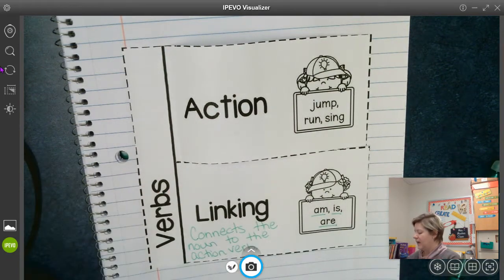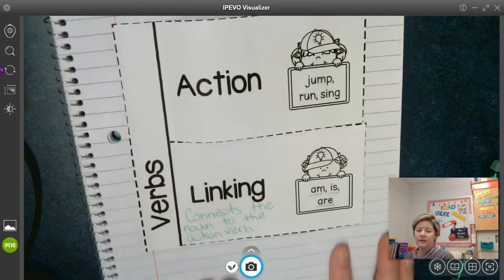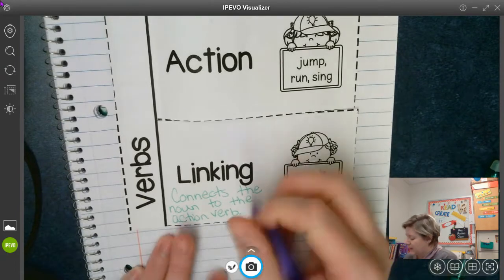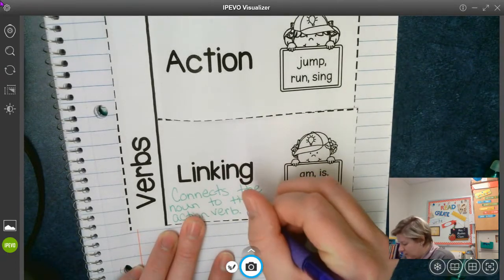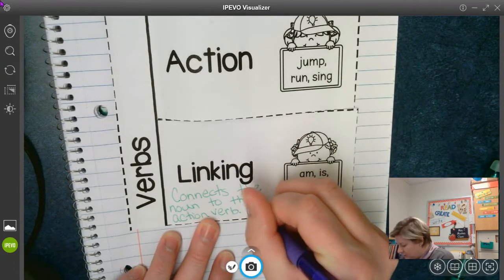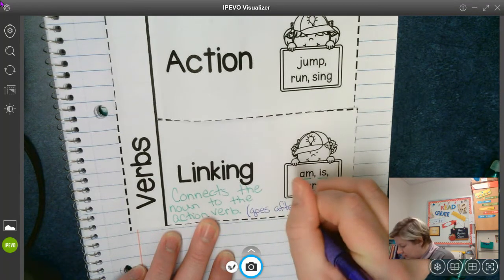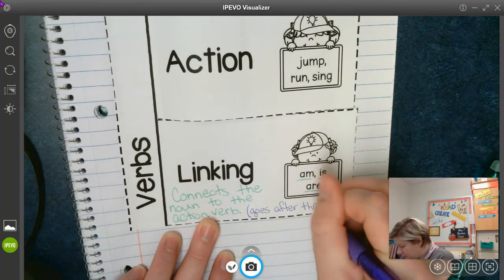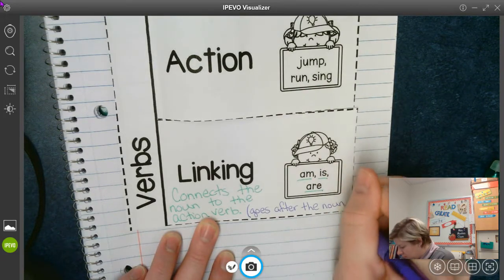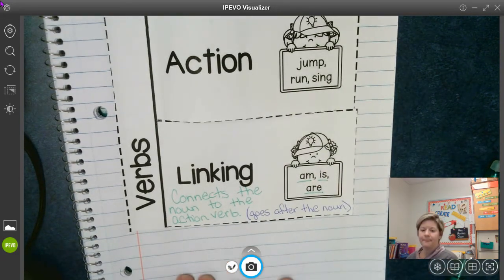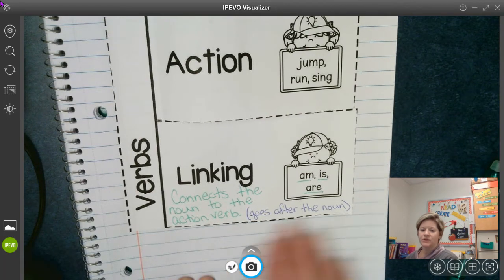Okay, and I'm going to really quickly, sorry about that, write in parentheses here, goes after the noun. So once you have all this written, we're going to open up the flap.